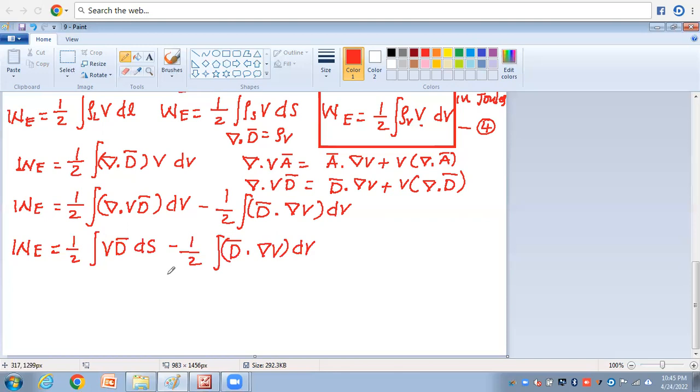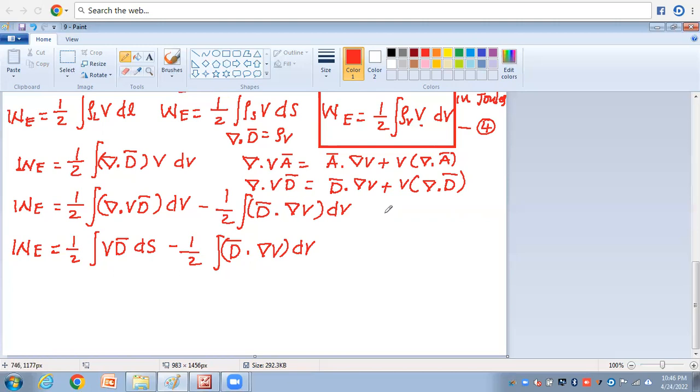Now here there are two terms on the RHS side. One is the V D bar dot dS. Now this expression has to be reduced with the help of a small theoretical part. For example, there is V in this expression.